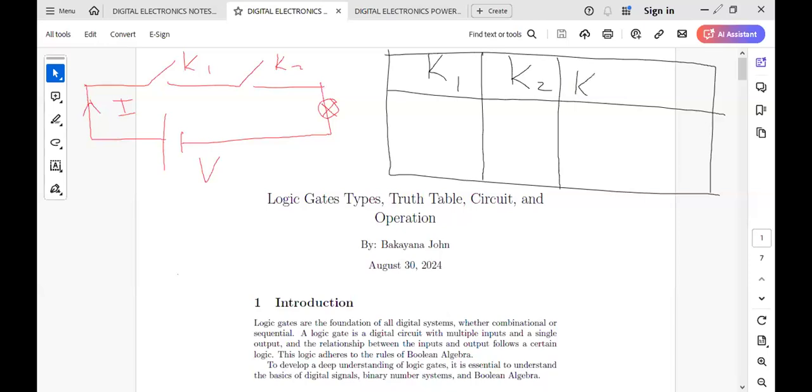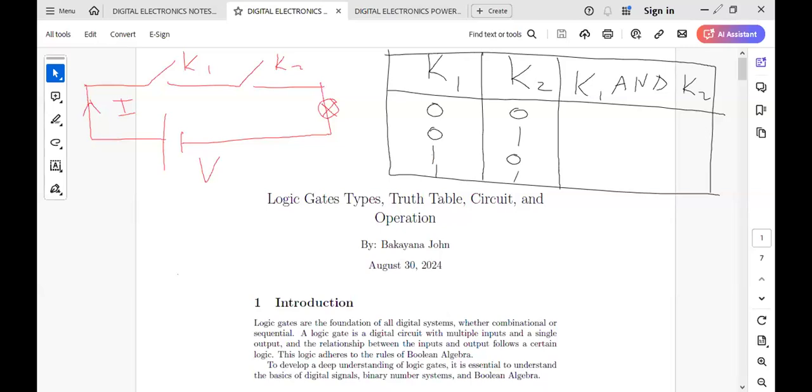So I can say K1, and we are using capital letters for this case, K1 and K2. So the possibilities are they can either both be open, or this is open and this is closed, or this is closed and this is open, or both of them are closed.